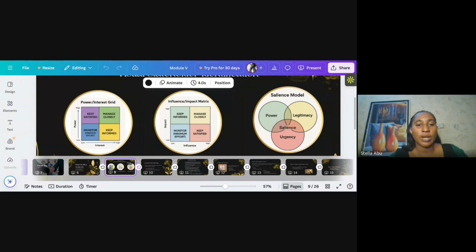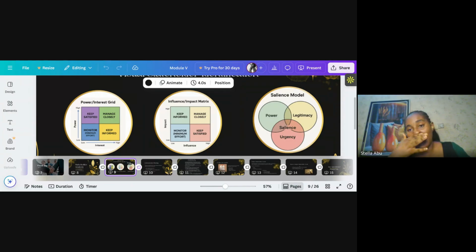If somebody has high power and high interest, you know that you need to manage that person closely, which I explained, that person can be seen as your CEO, right? And the other person that has high power but maybe low interest, you just keep them informed. So I also discussed leadership, how you're supposed to manage your team.